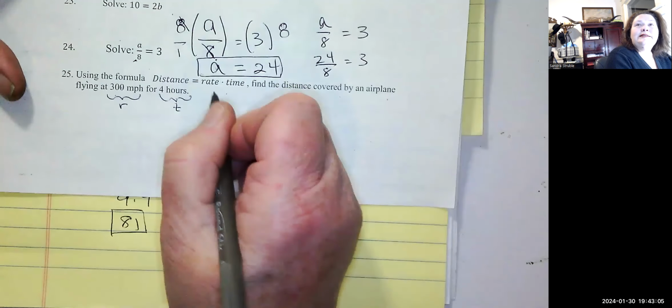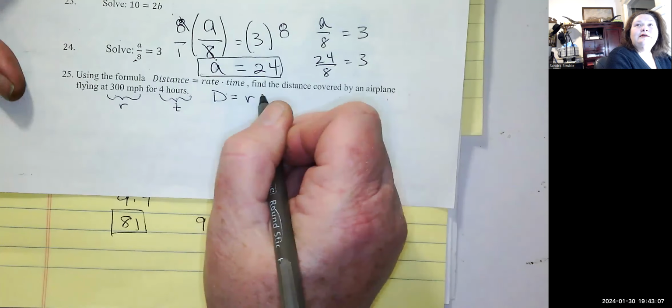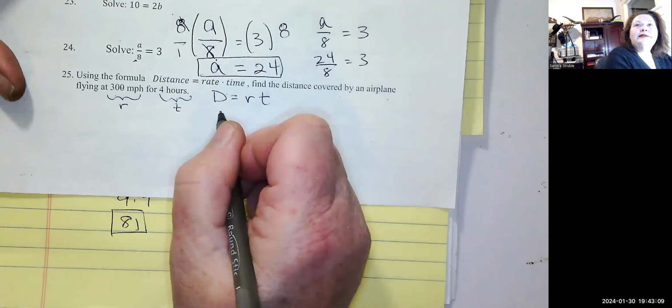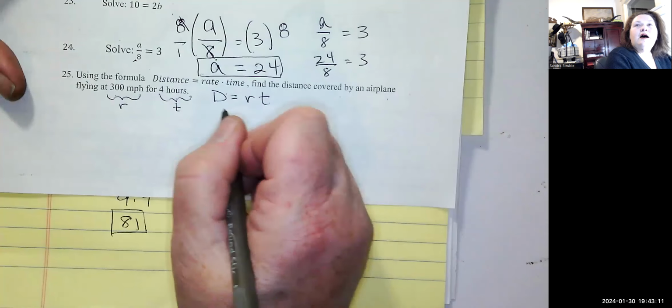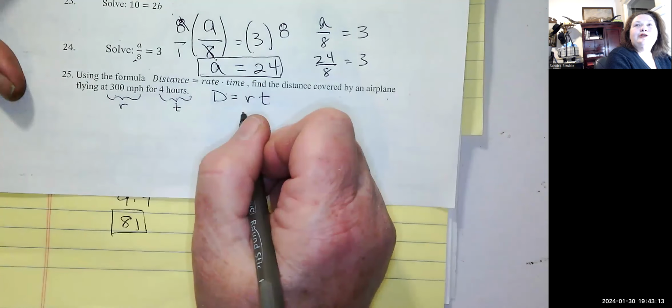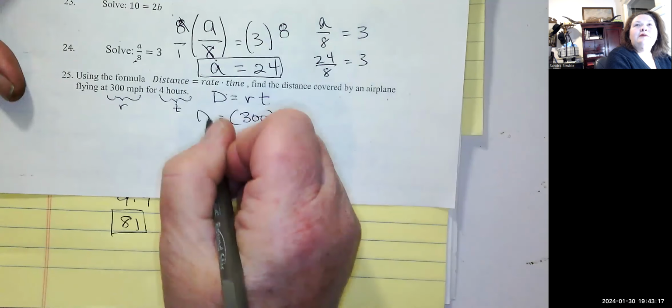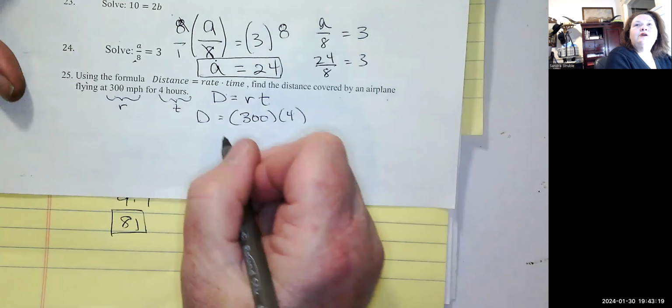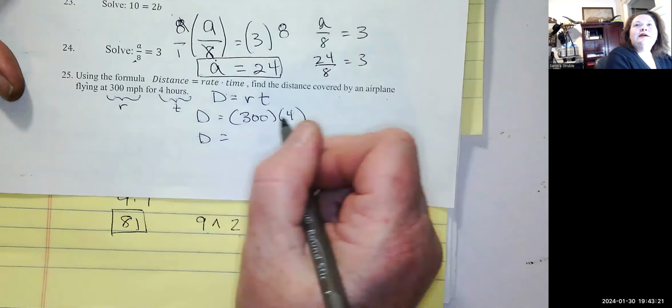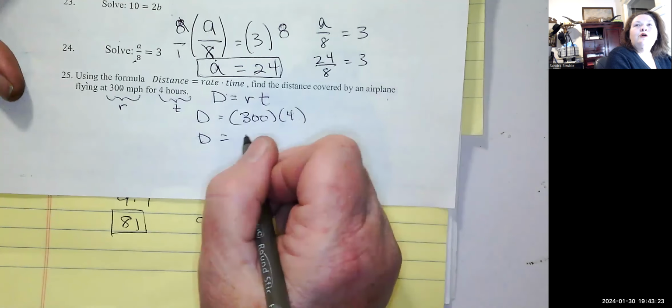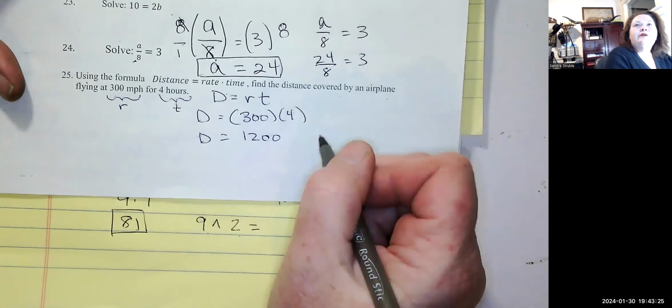So distance is equal to rate times time. All right, it's actually a little d, but that's okay. The rate is 300 miles per hour, and the time is 4 hours. So that means the distance is 300 times 4, which is 1,200.